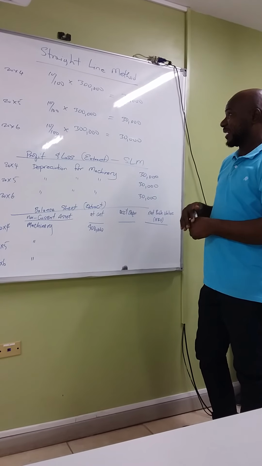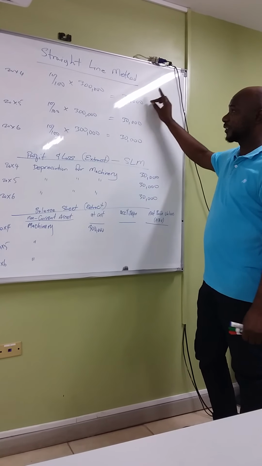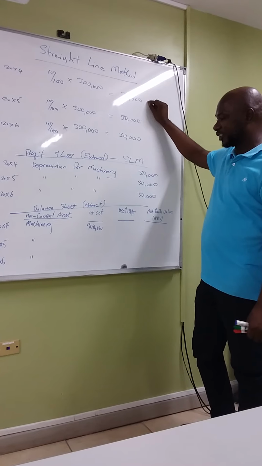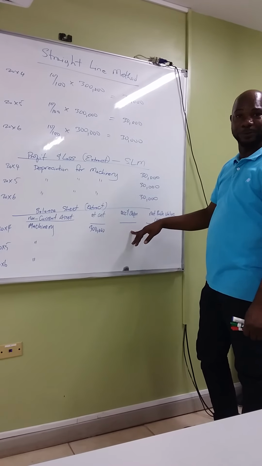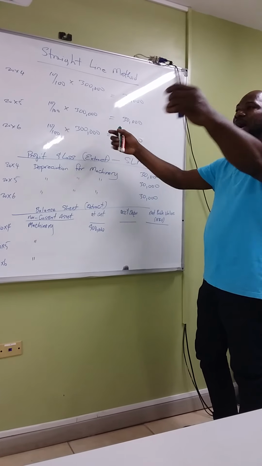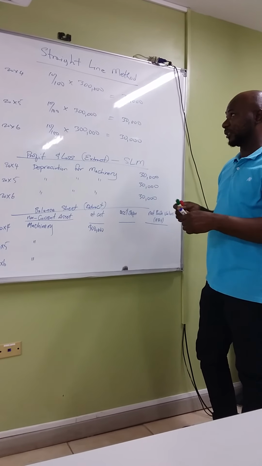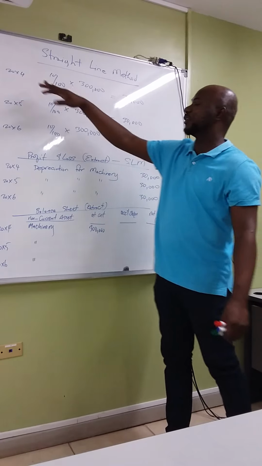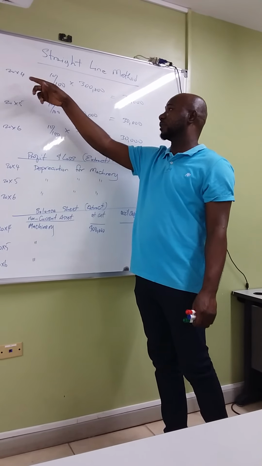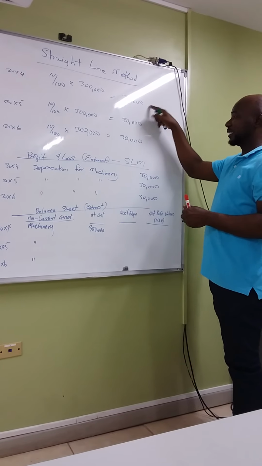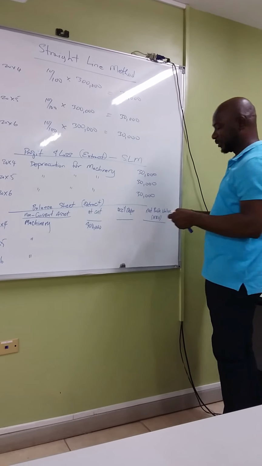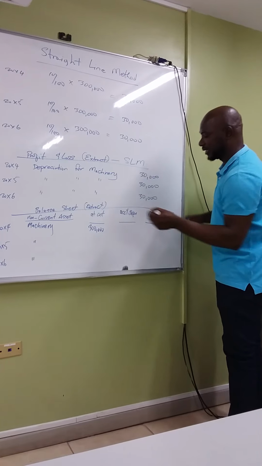What you readily realize is that in the year of acquisition, the first year, the depreciation charge is going to be the same as the accumulated depreciation, because to accumulate means to add up the overall depreciation to date. Because there was no previous depreciation on the asset, the only depreciation incurred is in 2004, so your depreciation charge and your accumulated depreciation are going to be the same.